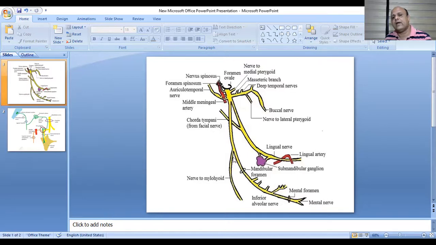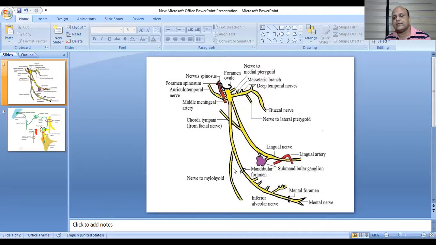This nerve to mylohyoid, along with the mylohyoid vessels, pierce the sphenomandibular ligament, and then supply the mylohyoid muscle and the anterior belly of digastric muscle.